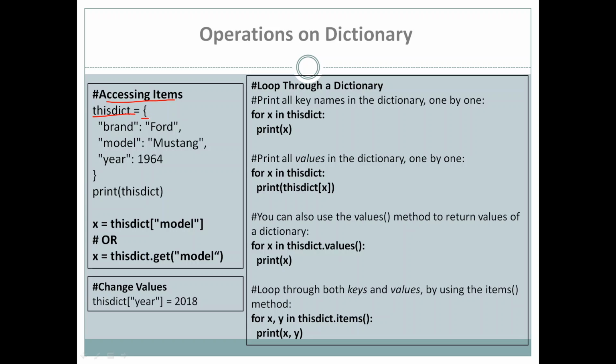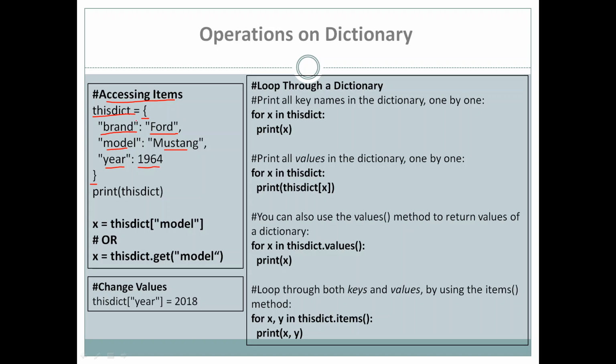You can see here flower bracket open and flower bracket close. A dictionary is always declared with flower brackets, and it contains elements in name value pairs. So the first element name is brand and the value for it is Ford. Then we have a comma. Second element model, we have a value for it, and third year and the value.